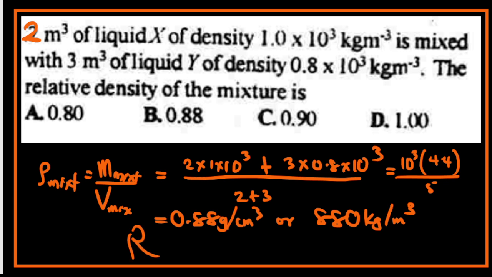I've already told you that RD of a substance has the same magnitude as the density of the substance. The difference is that RD has no unit, while the density in gram per cm cube has a unit. RD and density in gram per cm cube always have the same magnitude. So the answer is 0.88.